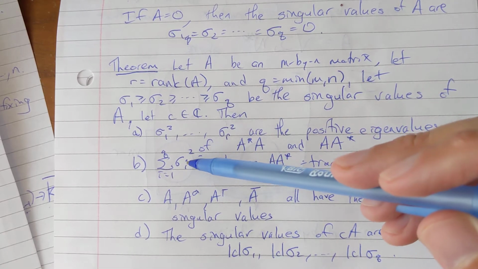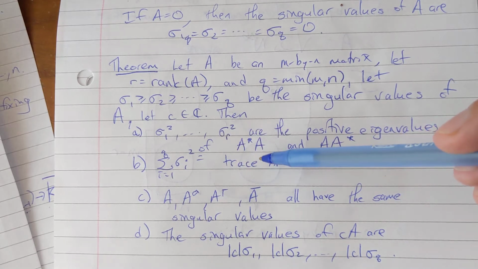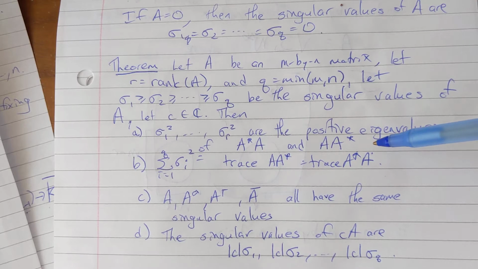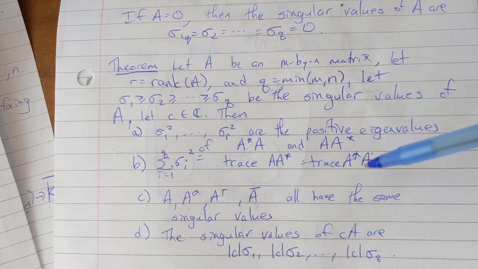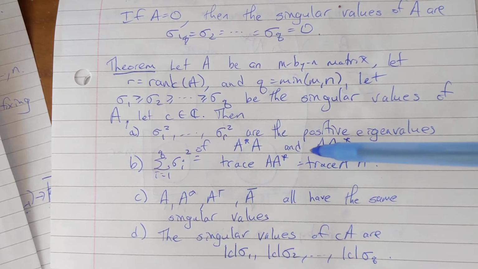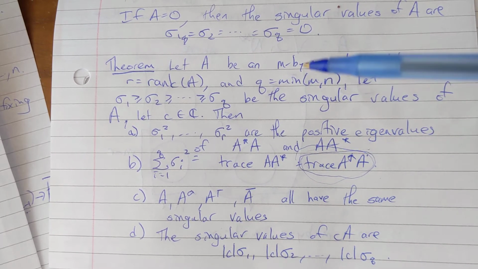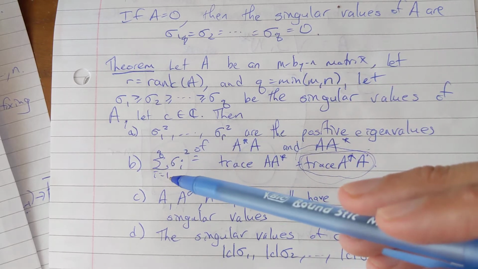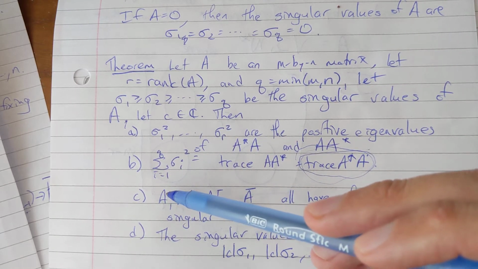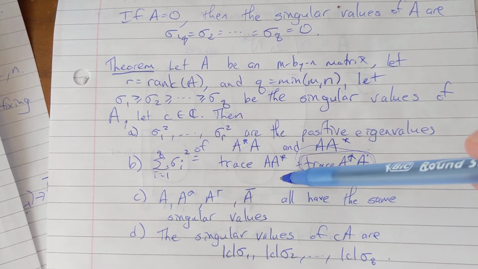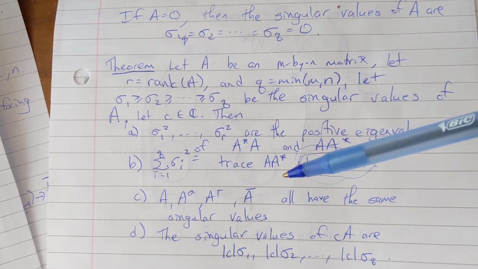The sum of the squares of the singular values is going to be the trace of A A star, and also that's going to be the trace of A star A. So this has some kind of significance in terms of the size of the entries of A, which we won't get into right now. Furthermore, if you look at the four matrices A star, A transpose, and A conjugate, they all have the same singular values.